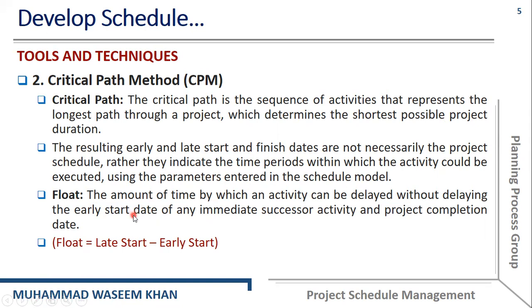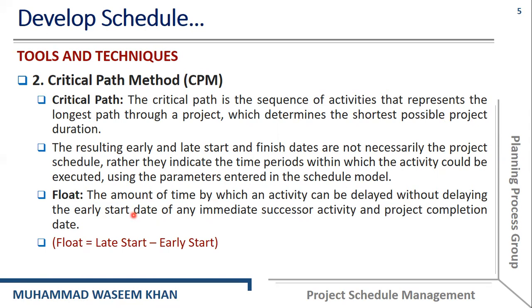So float is the amount of time by which an activity can be delayed without delaying the dates of any other activity or the whole project. Float is represented by the late start minus early start, or the late finish minus early finish.